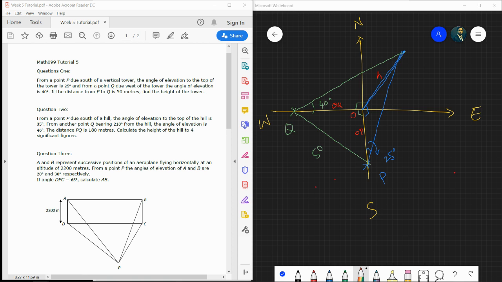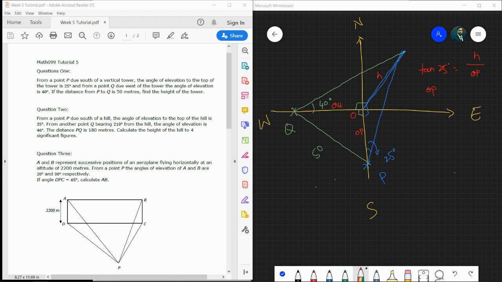So what do we mean by that? Let's go. We do tan 25. So what's that? tan 25 is opposite, which is height, over adjacent, which is OP.